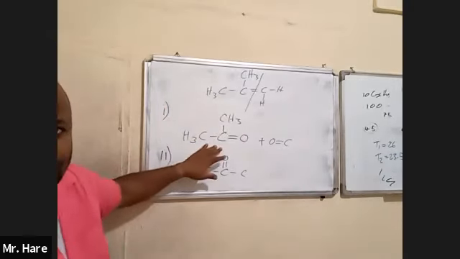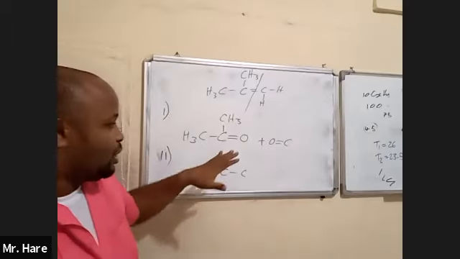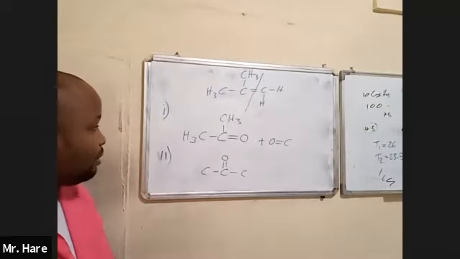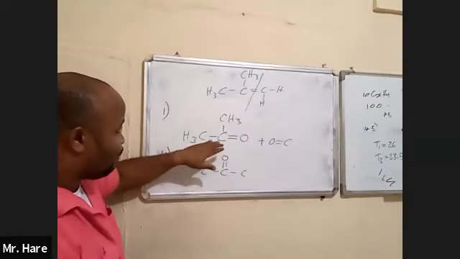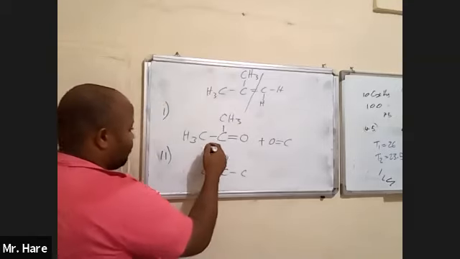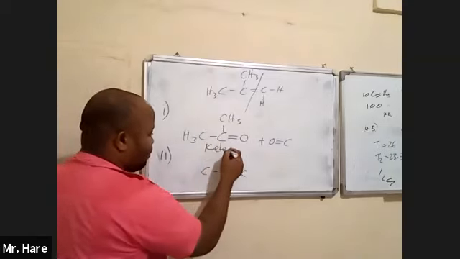That is a ketone. In oxidation of alkenes, if you get a ketone, that is the final product. So the ketone will be your final product.